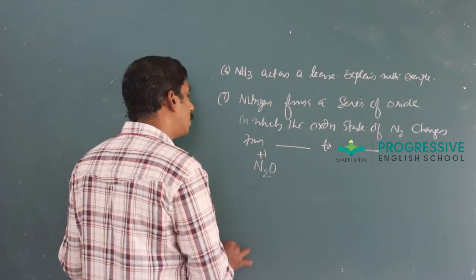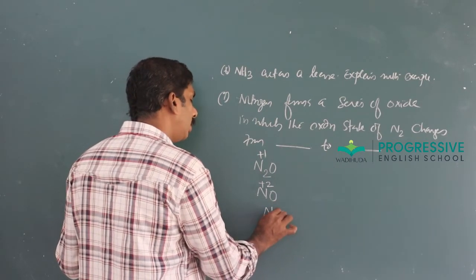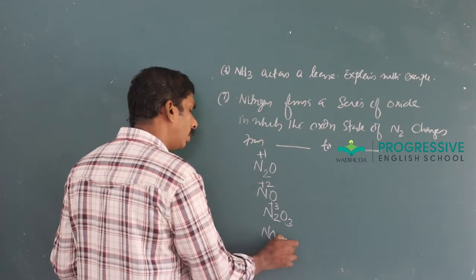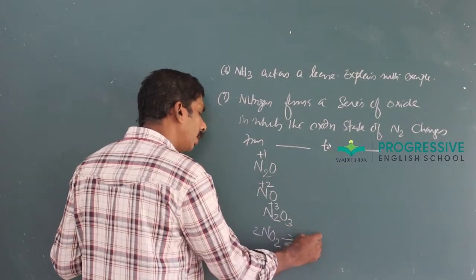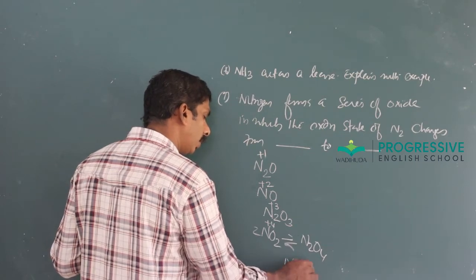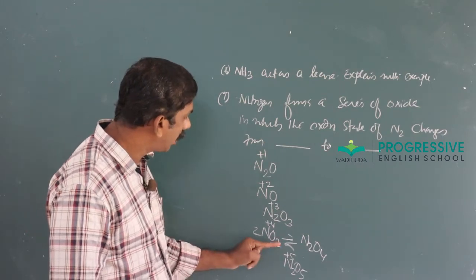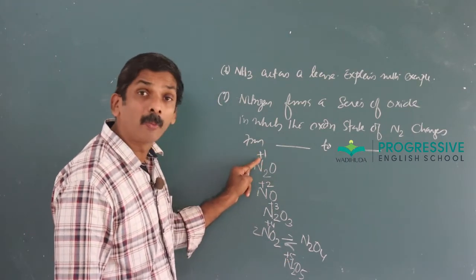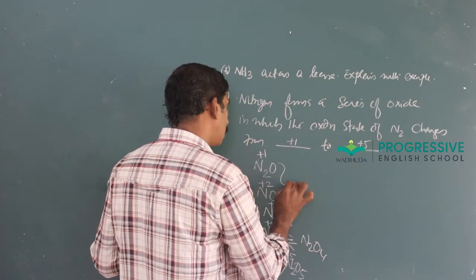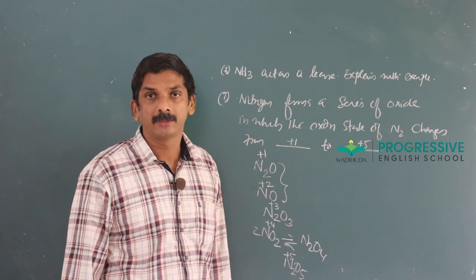Here it shows +1 state. NO, +2 state. N2O3, +3 state. Initially NO2, that dimerizes to form N2O4, which shows +4. Then finally N2O5, +5. The oxidation state changes from +1 to +5. These two are neutral oxides and others are acidic.